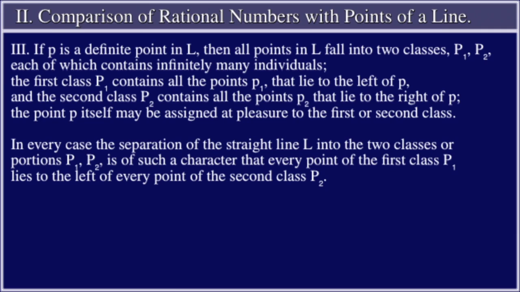In every case, the separation of the straight line L into the two classes or portions P sub 1, P sub 2 is of such a character that every point of the first class P sub 1 lies to the left of every point of the second class P sub 2.